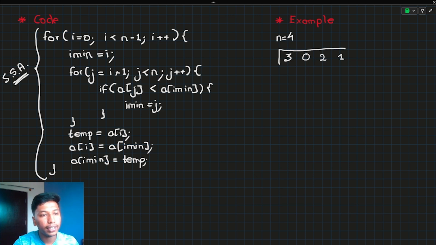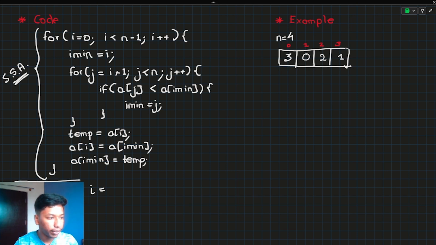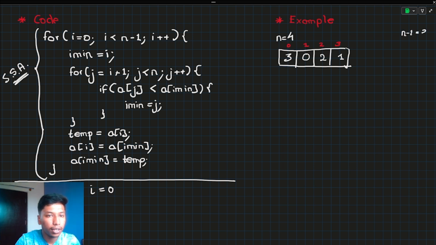If these are the elements, the index numbers are 0, 1, 2 and 3. Initially I is given the value 0, and n minus 1 is 3.